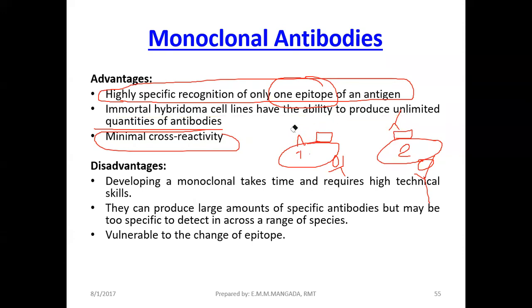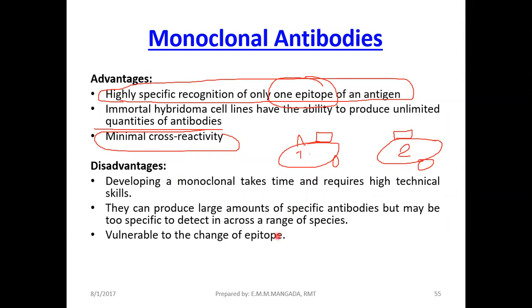Example, look at this, guys. So, strain 1, strain 2. Both of them have the square epitope and the round epitope. But only strain 1 has the triangle epitope. So, if for example the principle of the test is to detect infection caused by strain 1, then we should use reagent antibodies that are monoclonal.